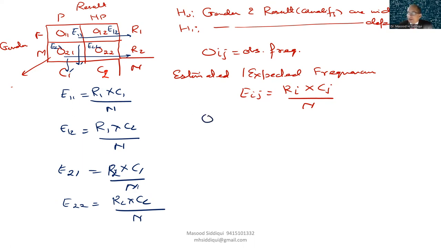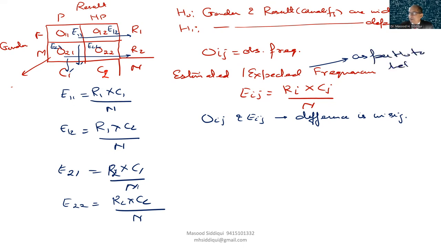Now we compare the magnitude of OIJs and EIJs. If the difference is negligible, the difference is insignificant. When we consider the estimated or expected frequency, it is as per H naught being true, meaning these frequencies are estimated under the condition that they are independent.